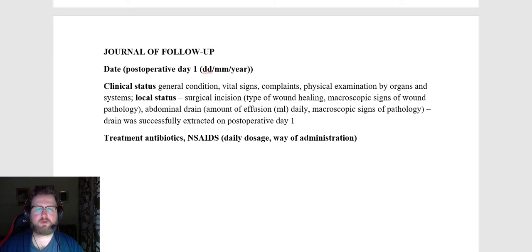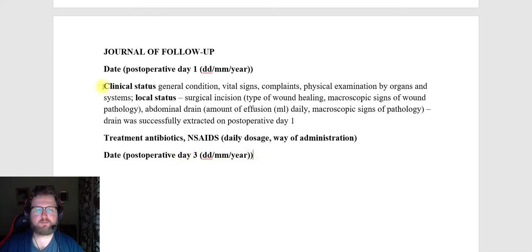You end the journal of follow-up on the postoperative day when the patient gets discharged. For example, you wish to discharge him on postoperative day 3.